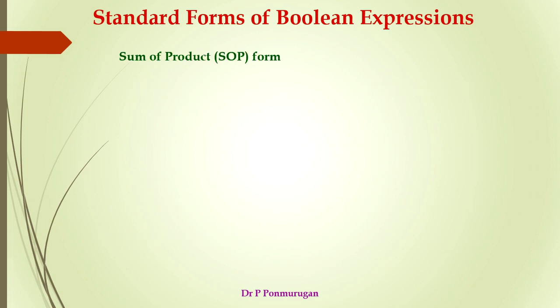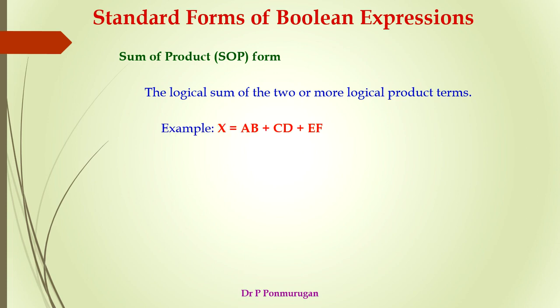The next form of expressing Boolean expressions is the sum of product form, which is represented as SOP form. The SOP form is the logical sum of two or more logical product terms. When you sum two or more product terms, it is said to be an SOP form. So it will be like this: X is an output variable, and A, B, C, D, E and F are the input variables.